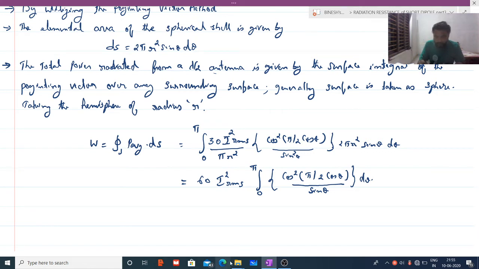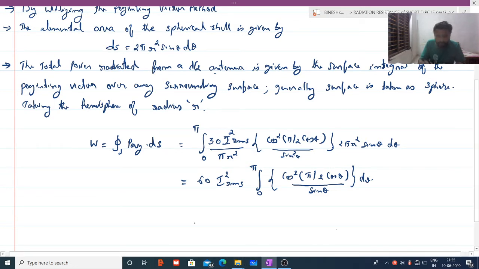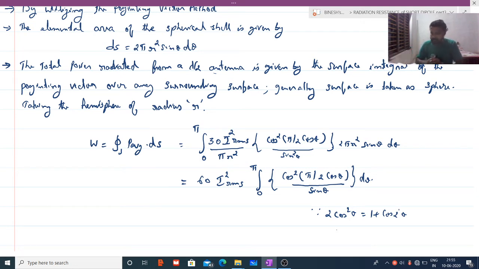So I can rewrite it using cos square theta equal to 1 plus cos 2 theta by 2. Let me just verify that one. Yes, correct, cos square theta is equal to 1 plus cos 2 theta by 2.